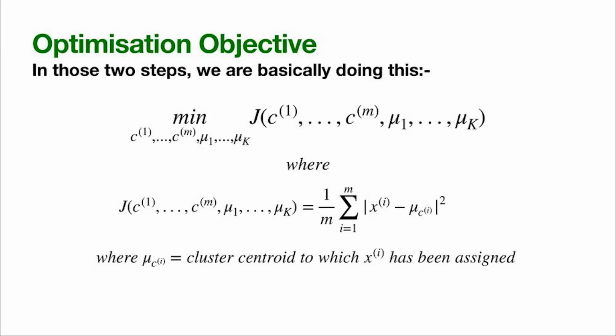So the cost function that we have here is that we have the training example and we have its specific cluster. So we have the ith training example, and for the ith training example we have a specific cluster assigned to it. So which cluster is that? That cluster number is C of i. So the cluster centroid assigned to the ith training example will be mu of Ci, and we are basically trying to minimize that distance.